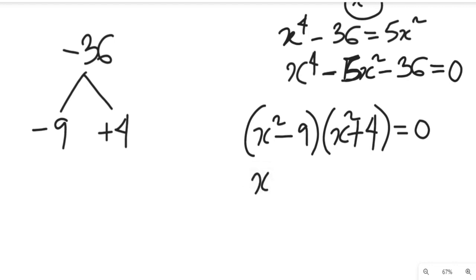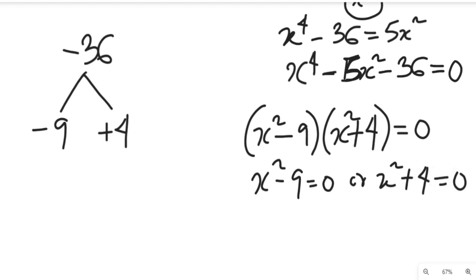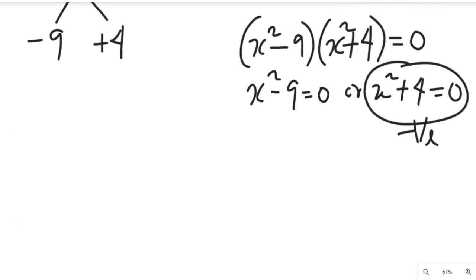So we'll have x squared minus 9 equal to 0, or x squared plus 4 equal to 0. Now, if we look at this, we'll see that the second one will give us a negative value, and that means the result is going to be an imaginary result, not a real value.